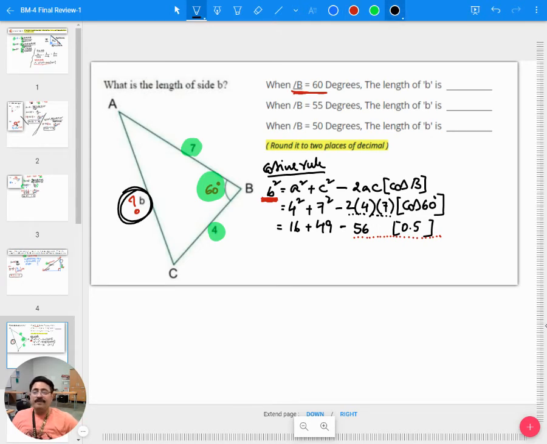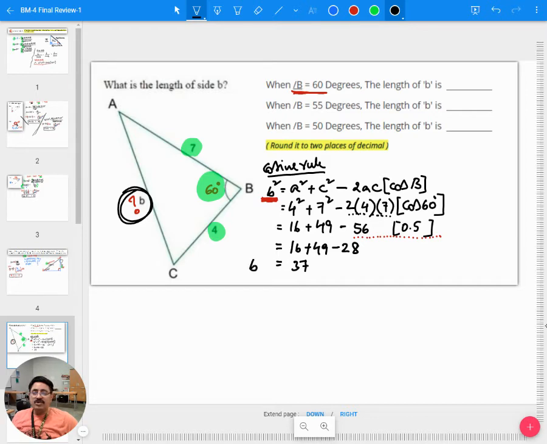Therefore, 16 plus 49. Just now I computed half of 56, that is giving me 28. So subtract 28. So easy now. So 16 plus 49, take away 28, that is 37.